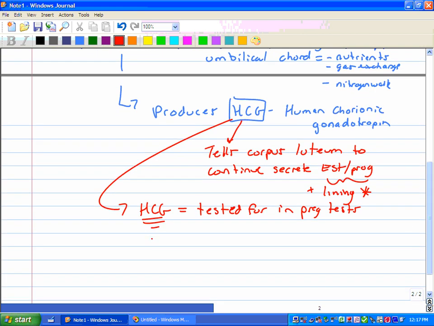The placenta, one other thing. The placenta actually starts to produce its own estrogen and progesterone.